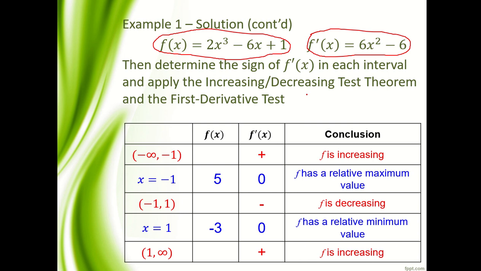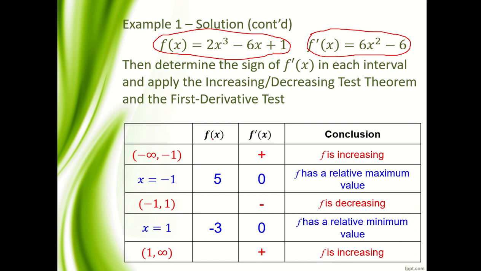Now testing the value of f prime, when x equals, for example, negative 2: negative 2 squared is 4, times 6 is 24, 24 minus 6 is 18. So we have positive 18, and f prime is positive. The condition is that every value of x within the interval should give the same sign.